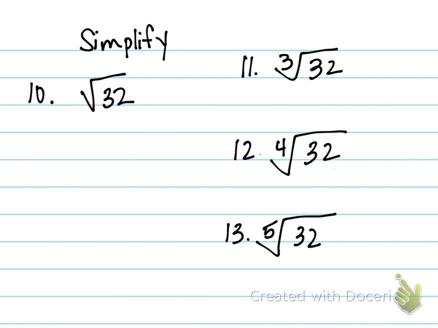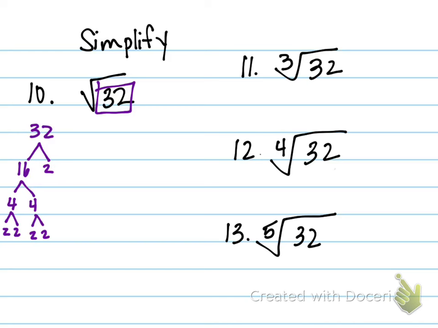So going back to a few units ago, whenever we simplified radicals, essentially what that meant is that you wanted to find numbers that you could pull out of the radical. So if I were to think about all of the multiples of 32, we have 16 and 2, 4, 4, break that down to 2, 2, 2, and 2.